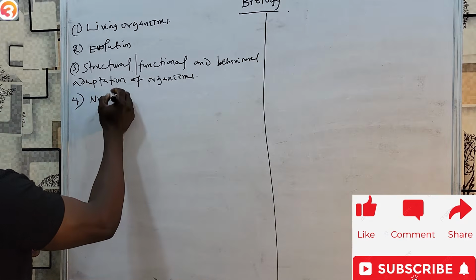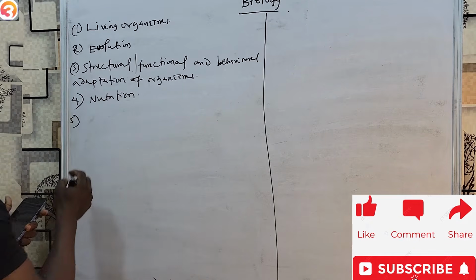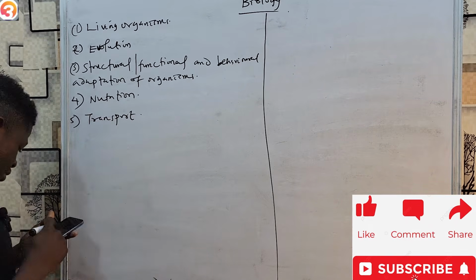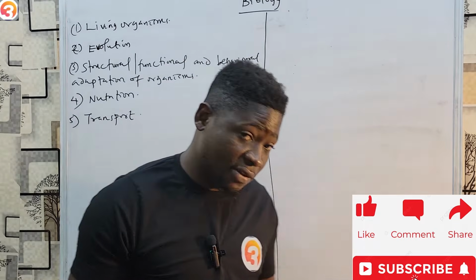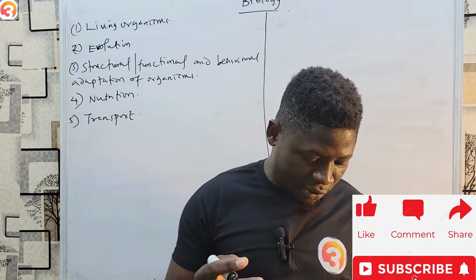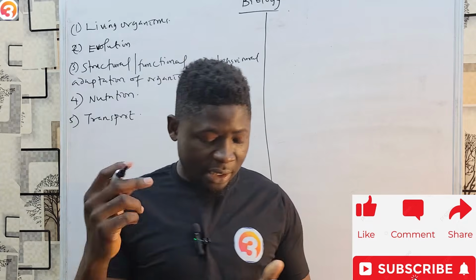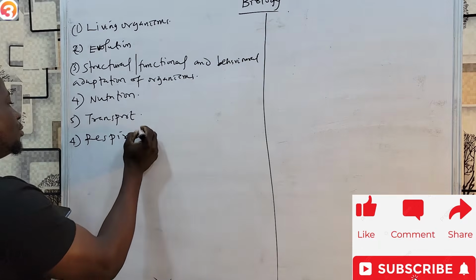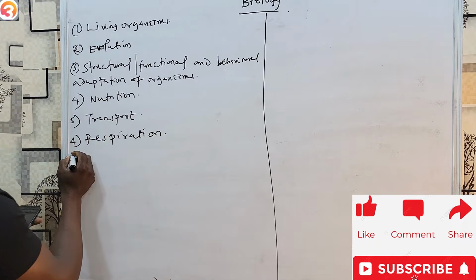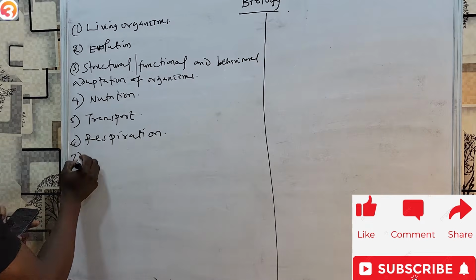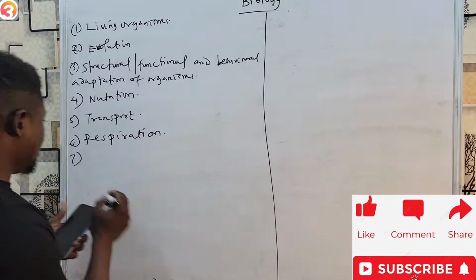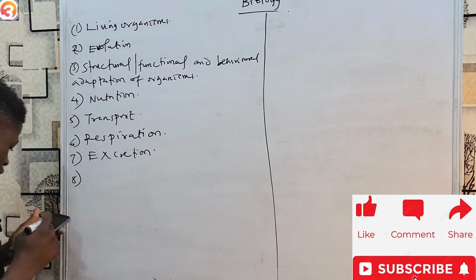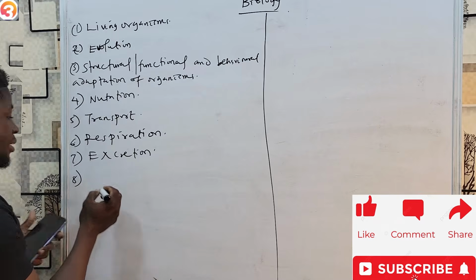Then number 5, we're going to be looking at transport. Under transport, we look at the need for transportation, materials for transportation, channels for transportation, and so on and so forth. Then number 6, we look at respiration. Then number 7, we are going to look at excretion. Then number 8, I'm going to look at support and movement.